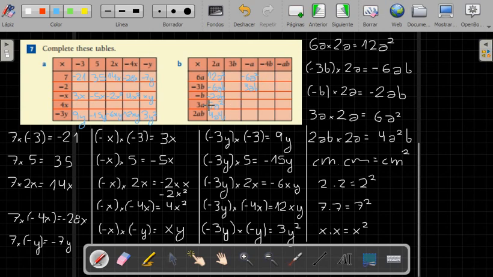Next, negative multiplied by negative is going to be positive, b times a, ab. Here, positive multiplied by negative, it's negative 3 times a, 3a times a is 3a squared.